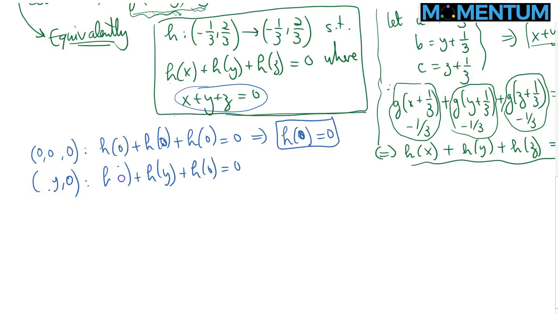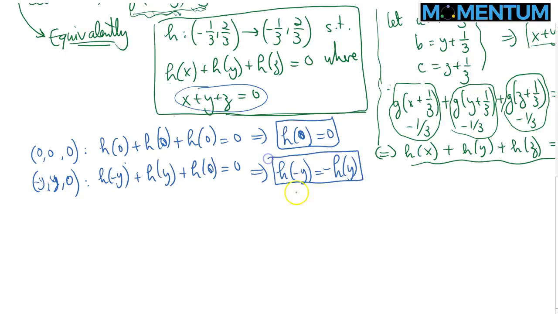Let me rewrite these conditions: minus y, y, and 0. The sum should be 0, right? So I overlooked that condition. There you go. That would imply that h of minus y is equal to minus h of y, suggesting that our function h is odd.